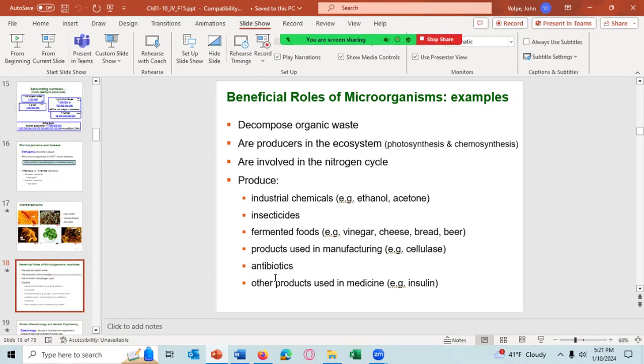And then there's other products used in medicine, like insulin. Nowadays, and gosh, at least for the last 20 years, if not longer, all insulin used in medicine has been made and grown in a microbe. I can tell you that initially, when insulin was first used by a diabetic, they had to purify it from a human.